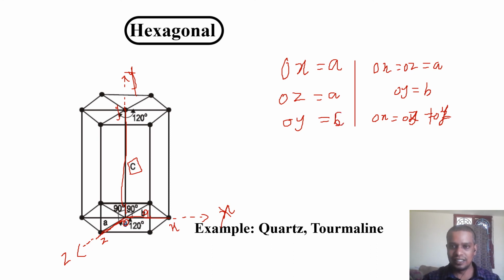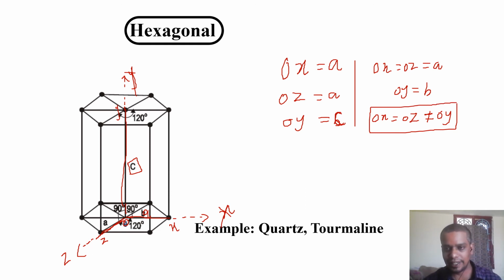The OY length is C. So OX, OZ equal to A, OY equal to C. So properly we have to write OX equal to OZ, they are equal to A, not equal to OY. This is the first condition it has to satisfy. This is the first lattice parameter condition, the three intersecting lengths.